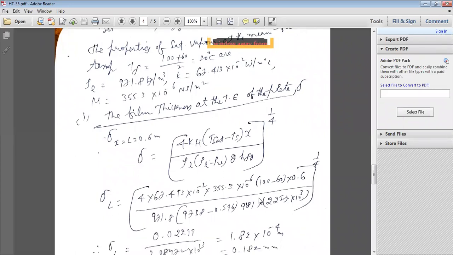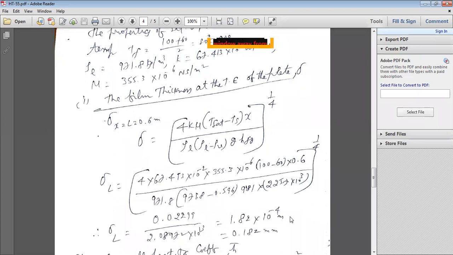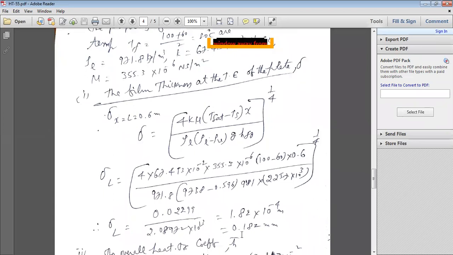Then if you calculate this whole to the power 1 by 4, delta L is equal to 1.82 into 10 power minus 4 meters, that is equal to 0.182 mm.